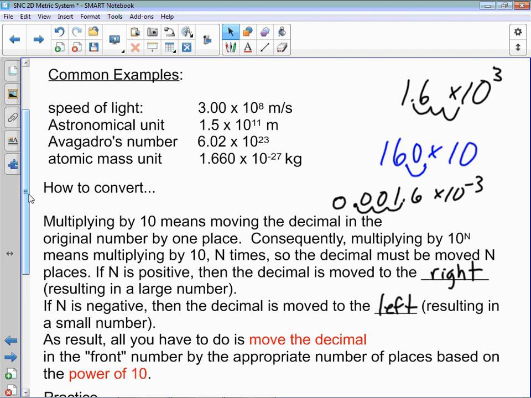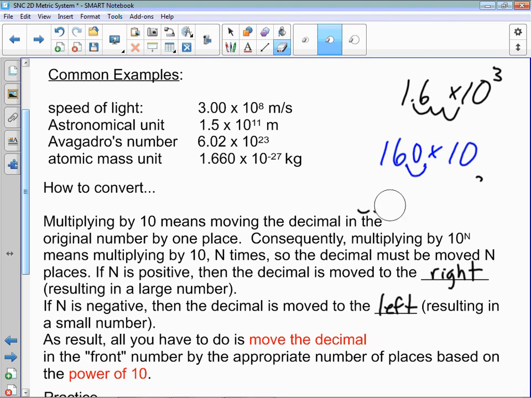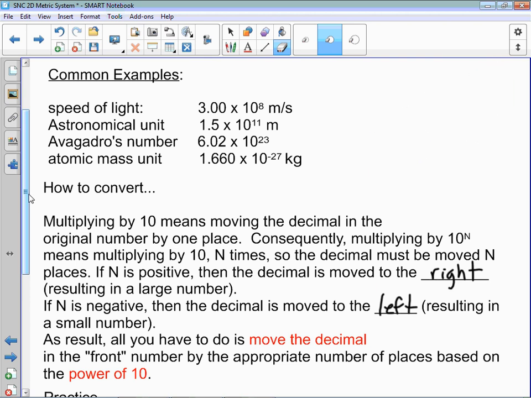A suggestion to you, really important, if you're going to write a huge number in standard form, every third digit after the decimal, leave a space. So for example, 0.000 space 000 space. So try with each one of those numbers to write out the number in standard form, in long form.